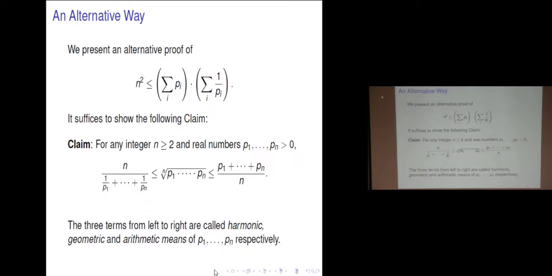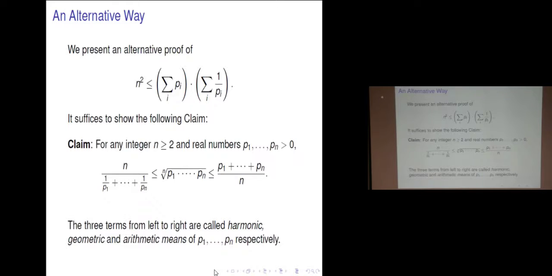I want to show this inequality, and it suffices, in mathematical terms, to show the following: that n divided by this sum is less than or equal to the average of these pi's. If I'm able to show this, I can cross multiply and get n squared less than or equal to the product.